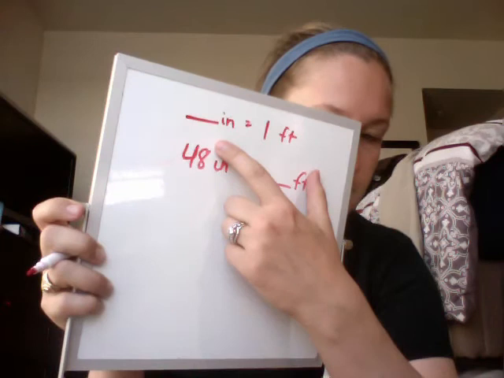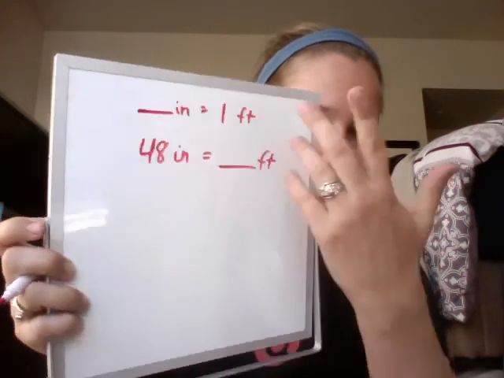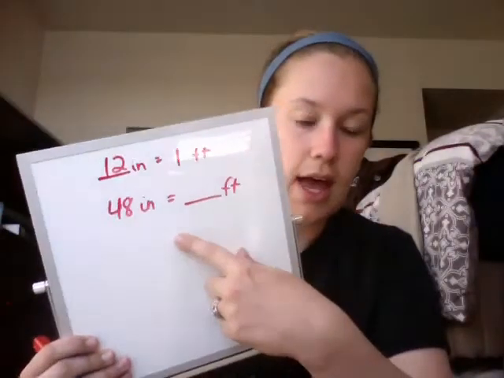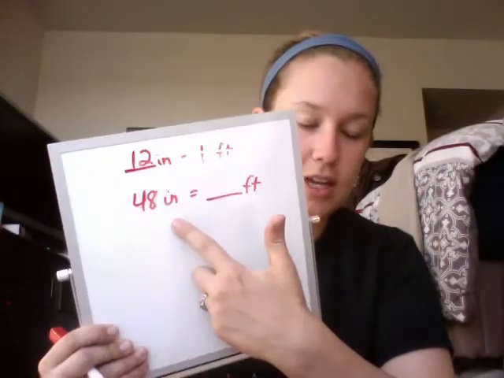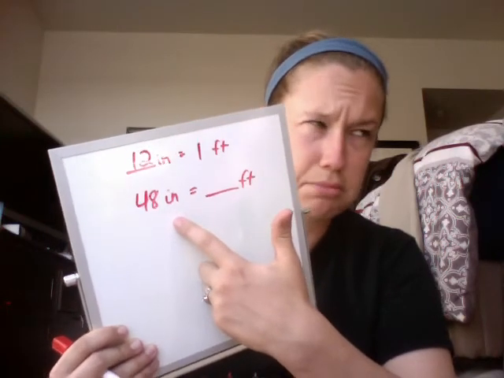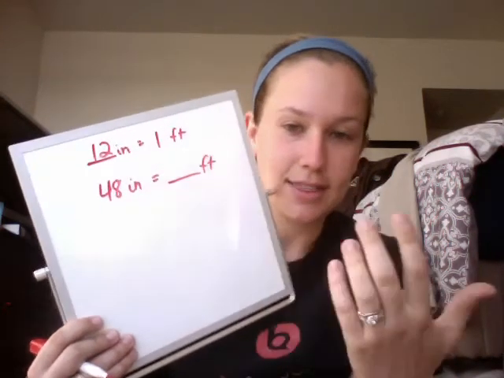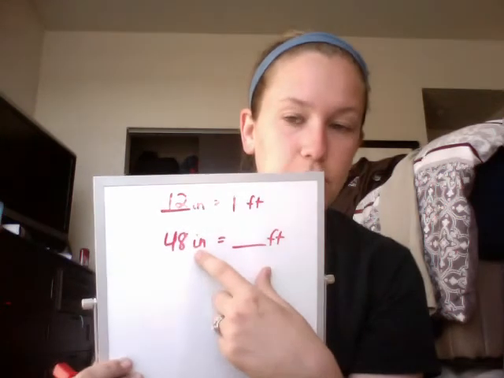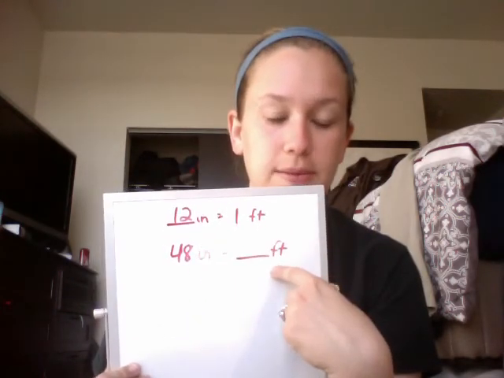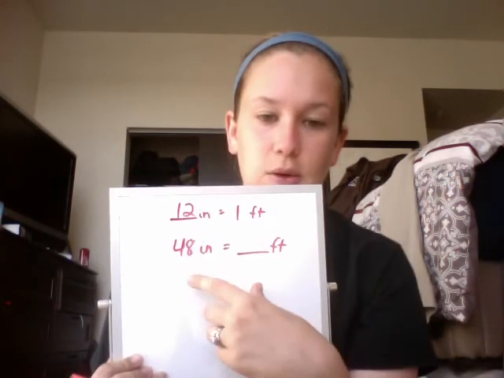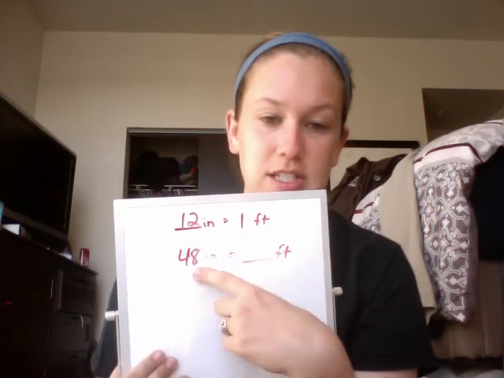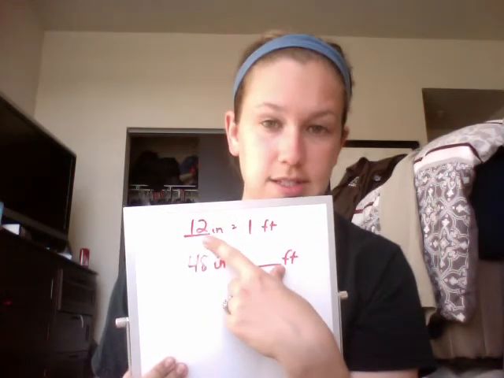First, we have to figure out how many inches are in 1 foot. Well, that's 12. So to figure out how many feet 48 inches is, we're going to actually divide this time. Here we're going from a smaller unit of measure to a larger one, so we're going to divide the 48 inches by 12 inches.